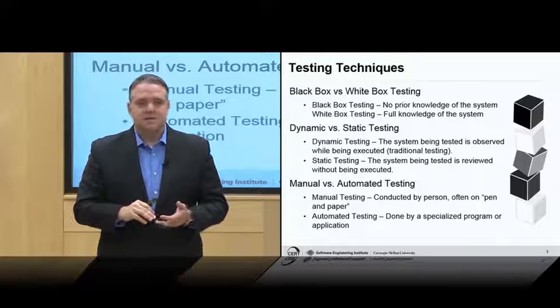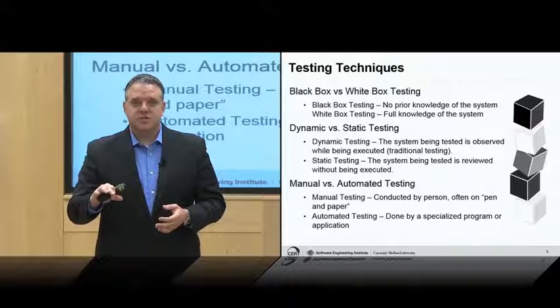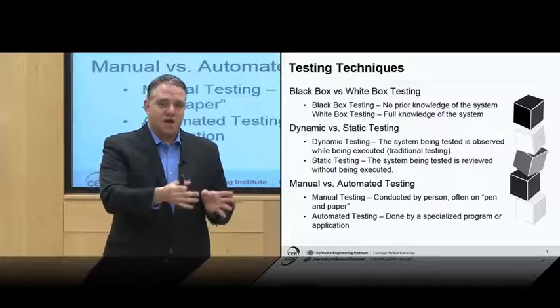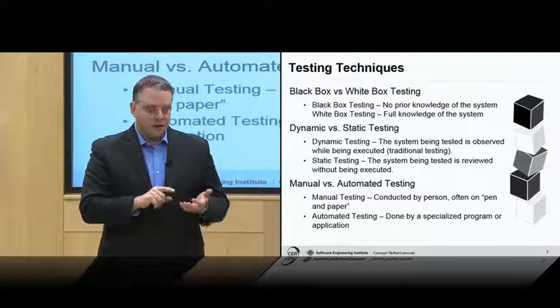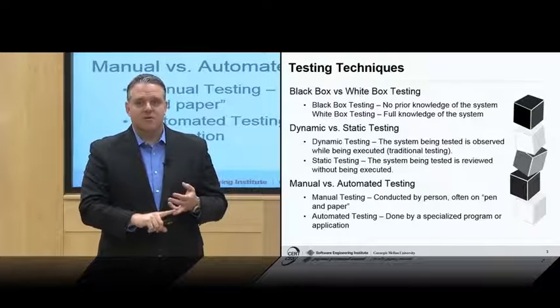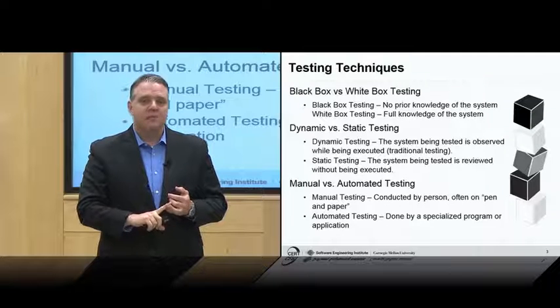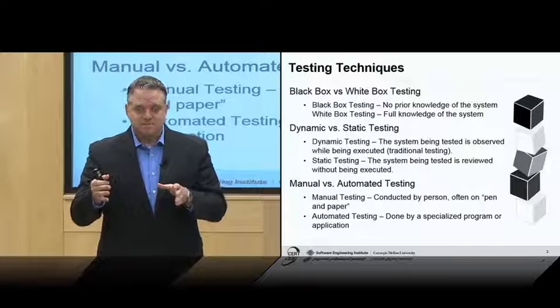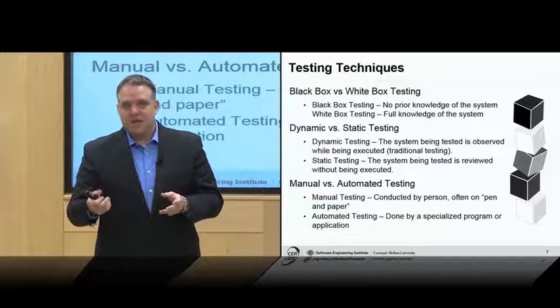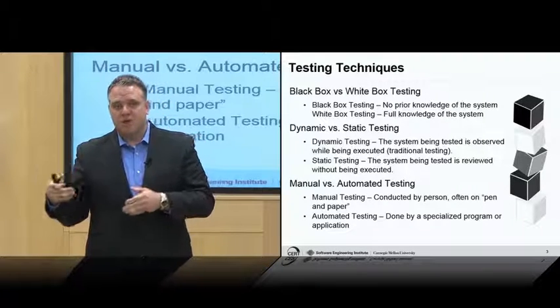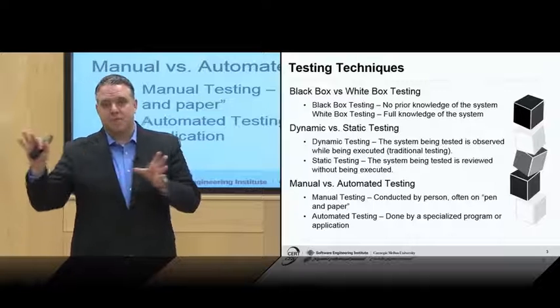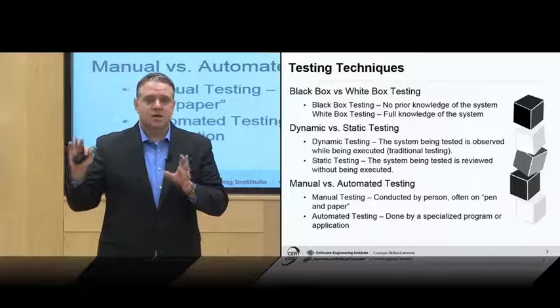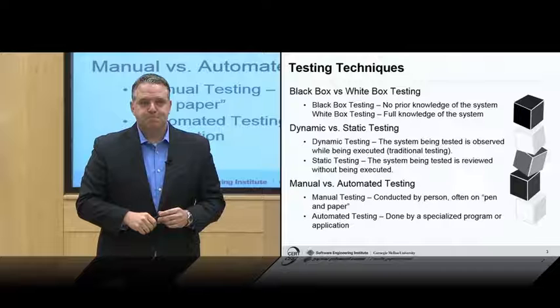White box testing is a slightly different version of that, where you do have knowledge of the application. Perhaps you have the code sitting in front of you, you've got a network diagram, but you've got some knowledge of the system that you are testing. It allows you to do a more targeted, focused test as opposed to the broad-based approach you would do with black box testing.